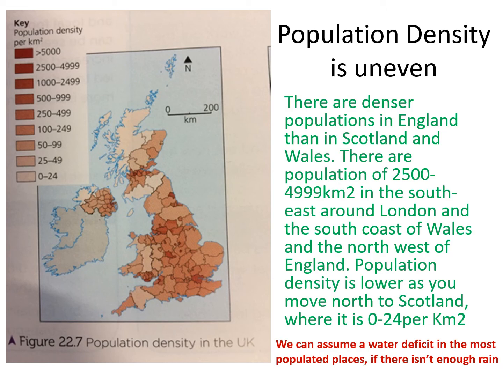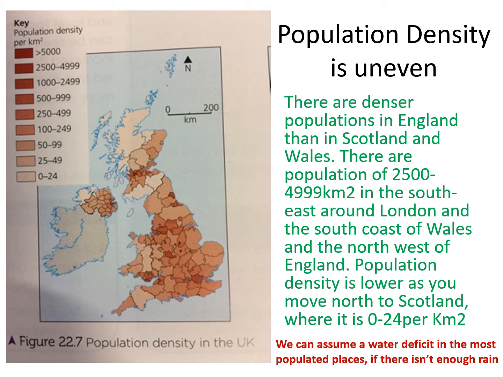Okay, and there's my answer. There are denser populations in England than in Scotland and Wales. I think we can agree with that. There is a population of 2,500 to 4,999 per kilometre squared in the southeast around London and the south coast of Wales and the northwest of England.